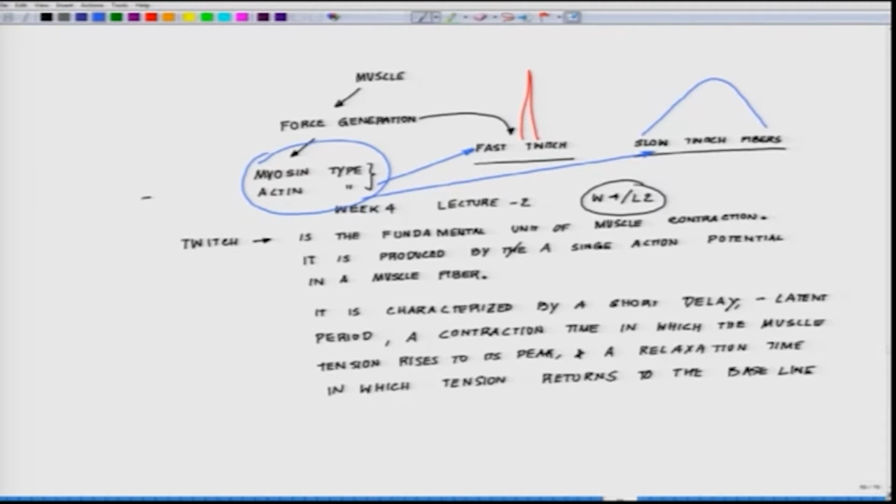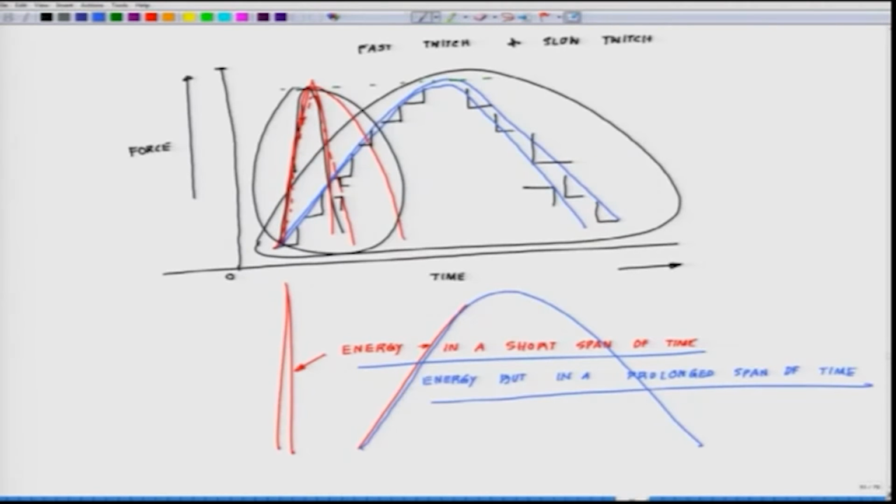Next point to ponder upon is now coming. Let me put it together. There are two distinct muscle fibers in terms of the speed of contraction and their metabolic characteristics. Type 1 fibers are slow twitch, and these are fatigue resistant.